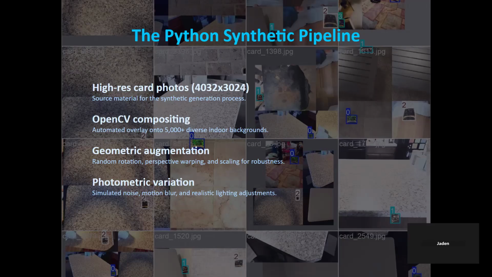So the card's rotated, the card's depth is maybe a little off because of the surface area, so it's tilted at an angle, and that's all normal in real life. So the model needs to be able to pick that up. It needs to be accurate.